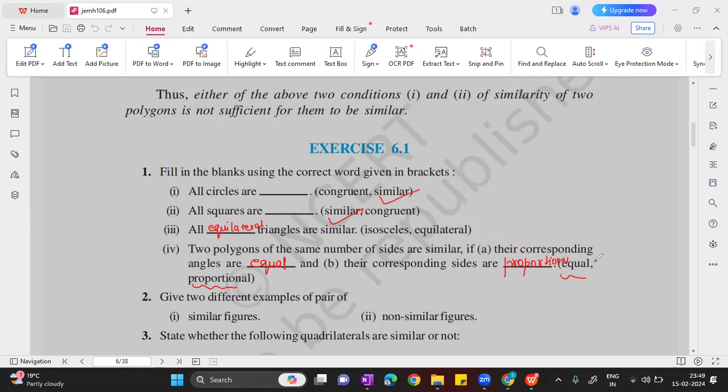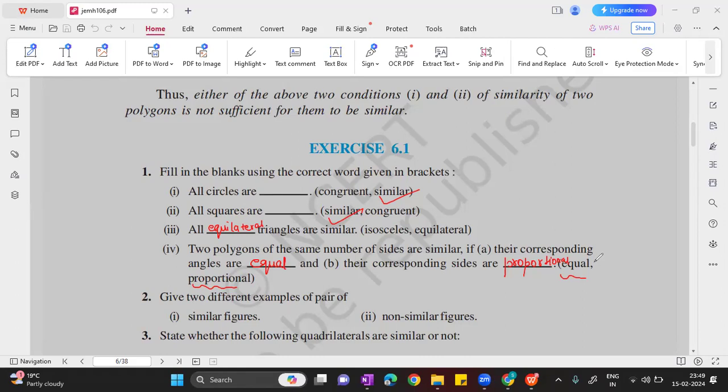Okay. Next. One second. Can you read the next question, Manya? Give two different examples of a pair of first, similar figures, and second, non-similar figures.